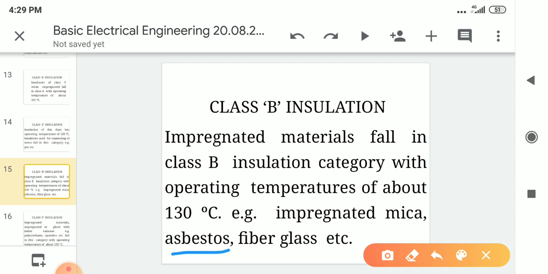I am just telling about this asbestos. Just remember, we already studied that asbestos is used as the base material for our electrical kettle and iron box. In our previous chapter we learned about this.